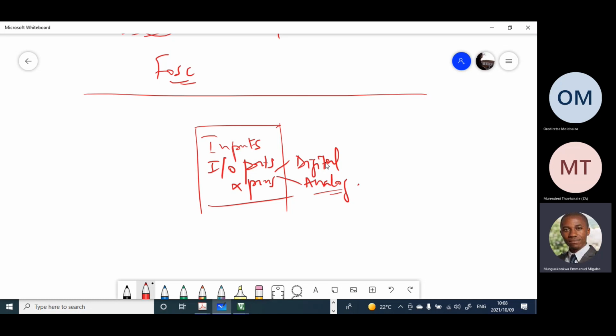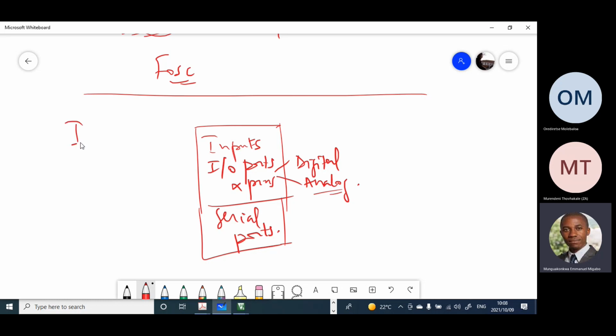All of those are input devices. But here I'm talking about the input module within the microcontroller. It's mostly made up of I/O ports and serial ports. The microcontroller we are using also has ports for serial communication, of course. So that is the input module, but within the microcontroller.